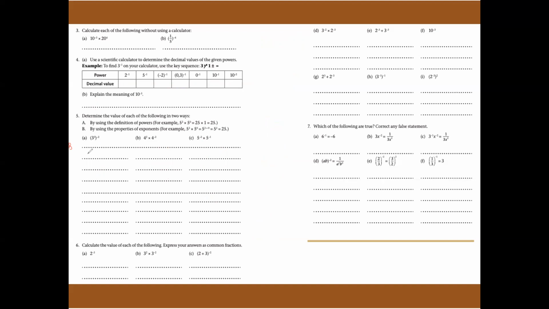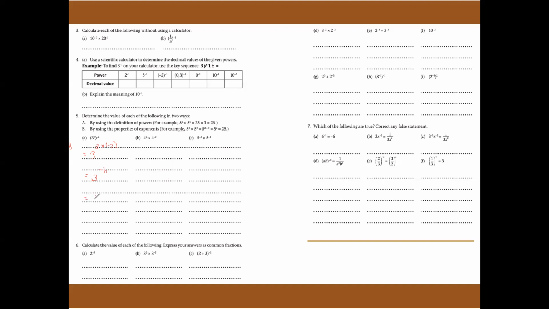So for the first one, this is now all the rules of exponents that you are going to be using. You first leave it as a 3, and then that's a 3 multiplied by negative 2. So it's 3 multiplied by negative 2, which gives you negative 6. There's a negative there, you can't really see it.